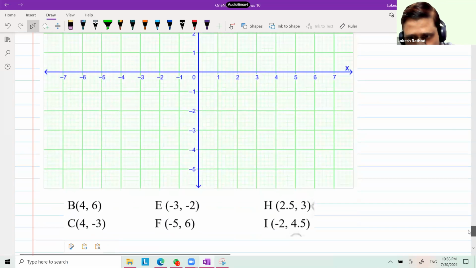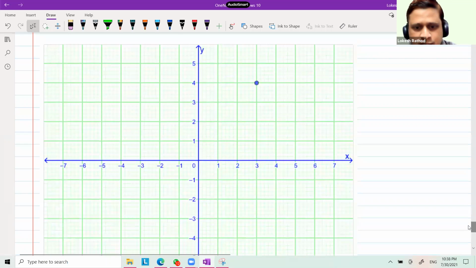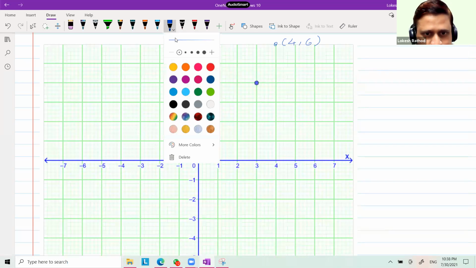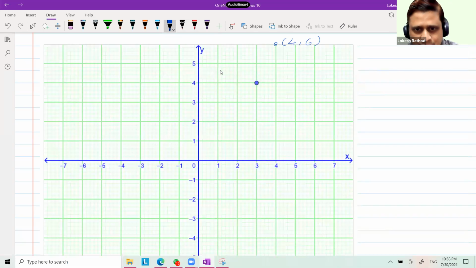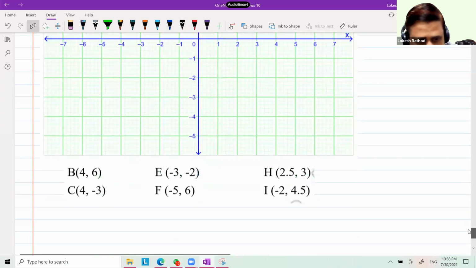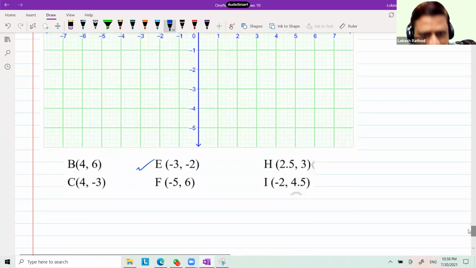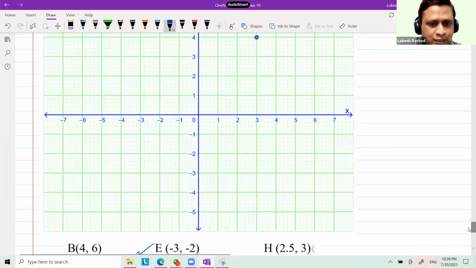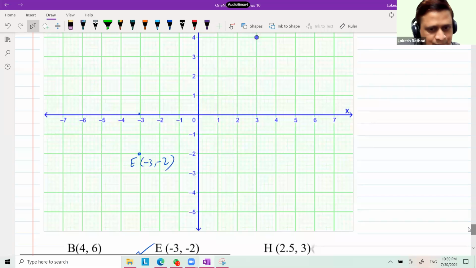So point B is (4, 6): x coordinate 4, y coordinate 6. That's point B. Then we have point E (-3, -2): x is -3 here, y is -2 here, so this will be point E. Then we have H (2.5, 3).